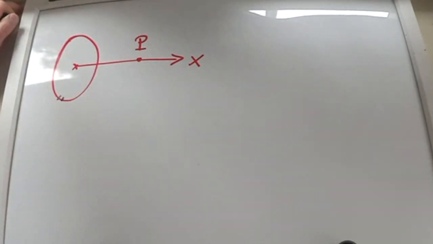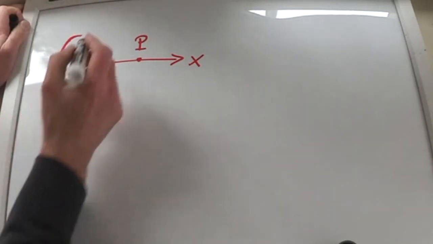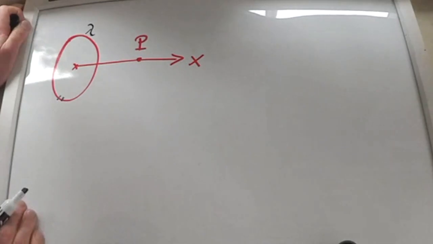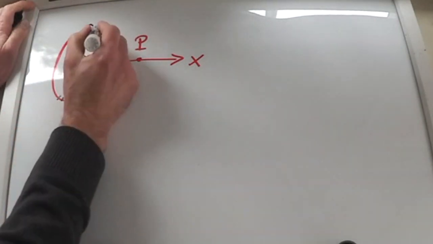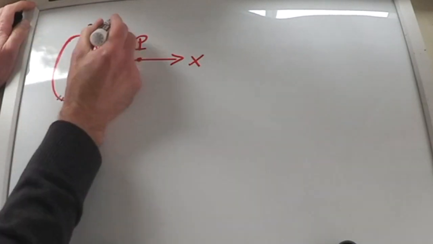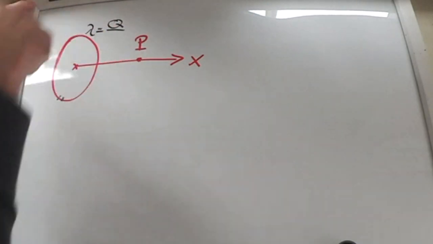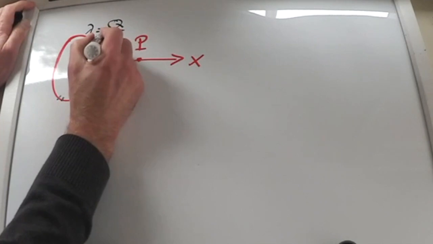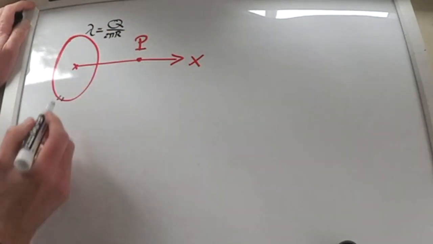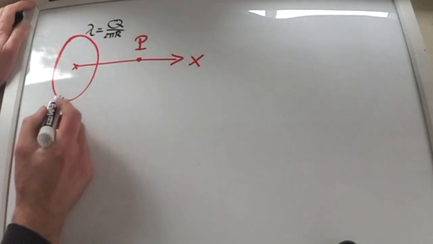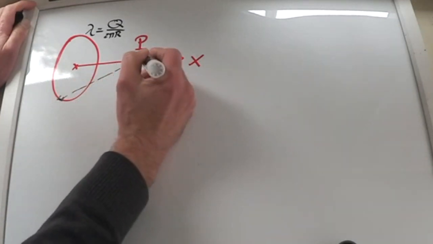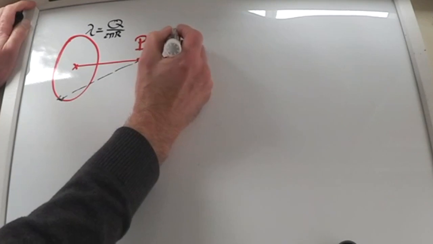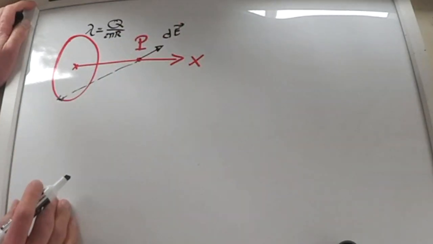So this is just a very thin ring which has a linear charge density of lambda, and that lambda is going to be the total charge Q divided by the length of that ring, which is 2 pi r, and that little differential of ring will create an electric field on that point P pointing in that direction. That's the differential of electric field.